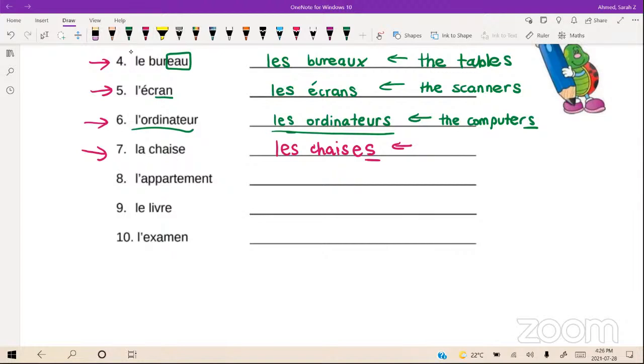That has lots of chairs. Yeah, so the chairs. Yes, very good. Okay, now why don't you try this one? L'appartement. It's easy. Yeah, this one's easy.